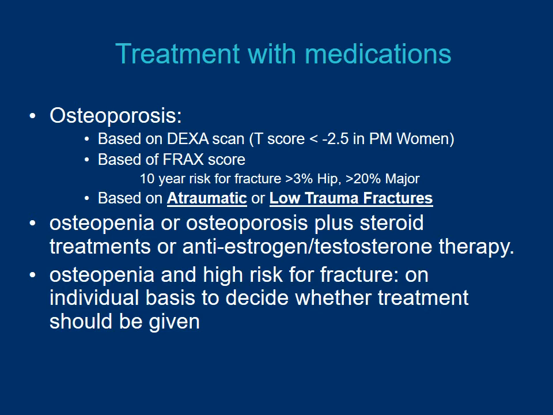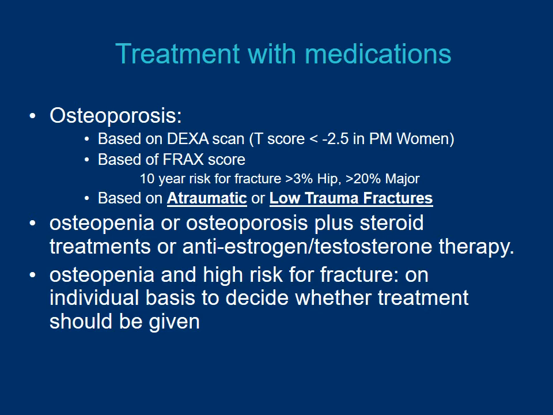Again, if we diagnose osteoporosis based on DEXA or on FRAX score or on symptoms like traumatic or low trauma fractures, the patient should take medical treatment for osteoporosis. Second, osteopenia or osteoporosis plus steroid treatment or anti-estrogen or testosterone therapy.